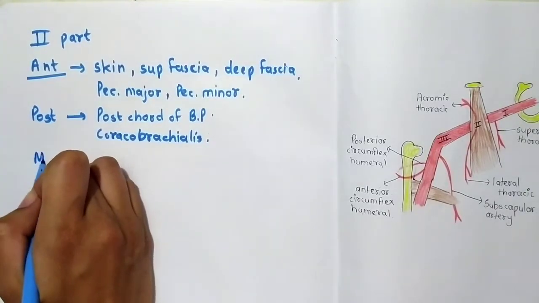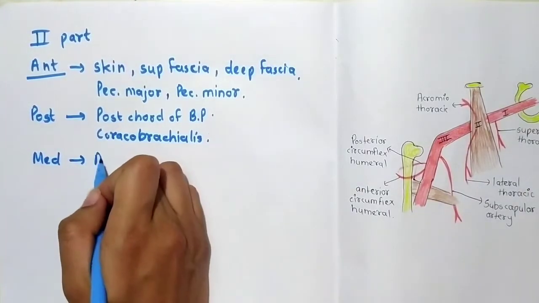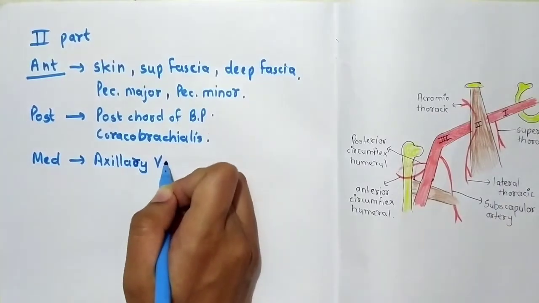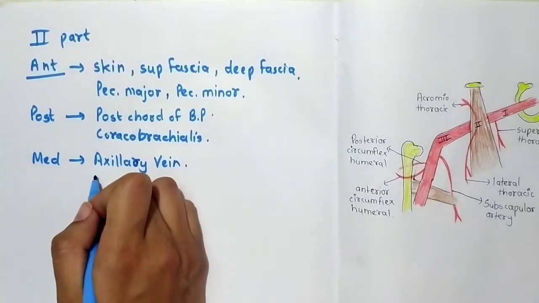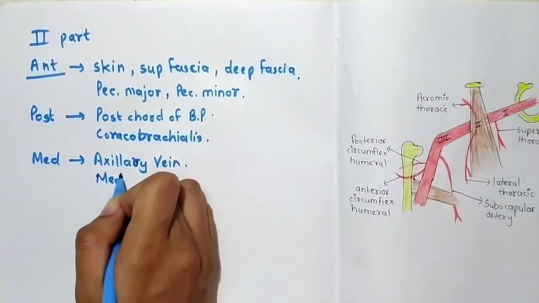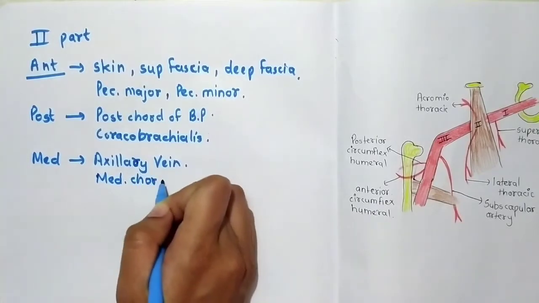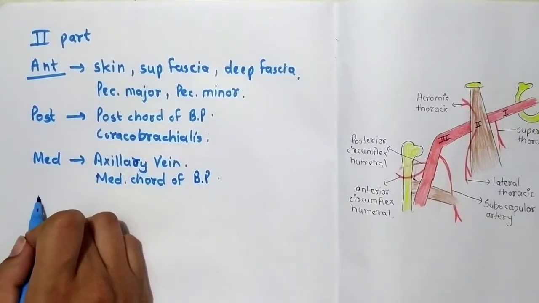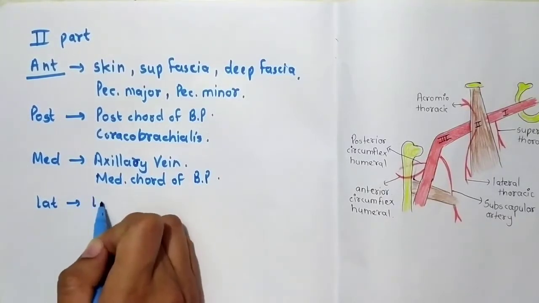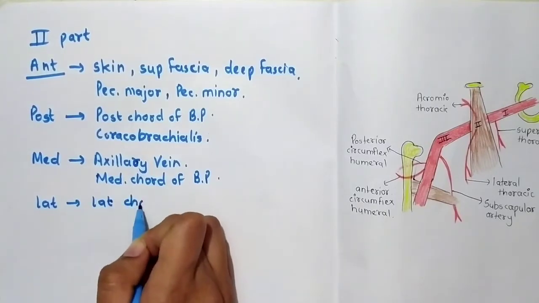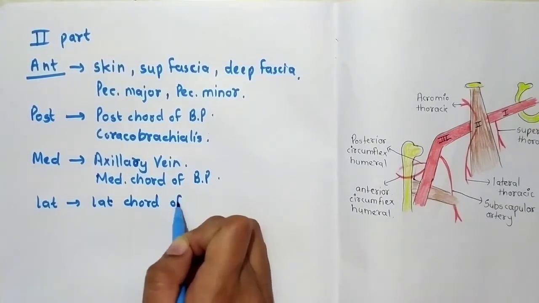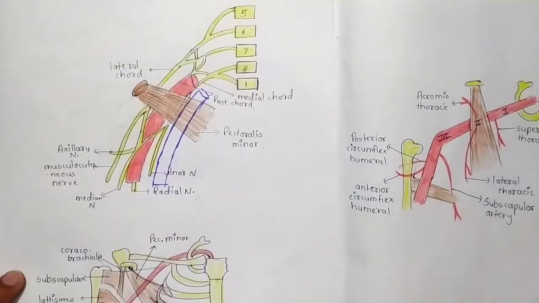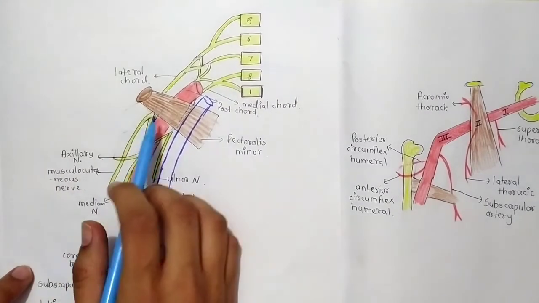In the medial relation the axillary vein is common, and also there is the medial cord of the brachial plexus. And on the lateral side there is the lateral cord of the brachial plexus.